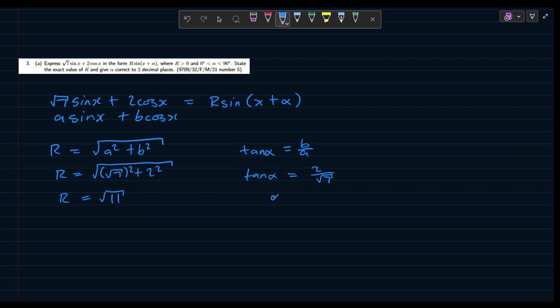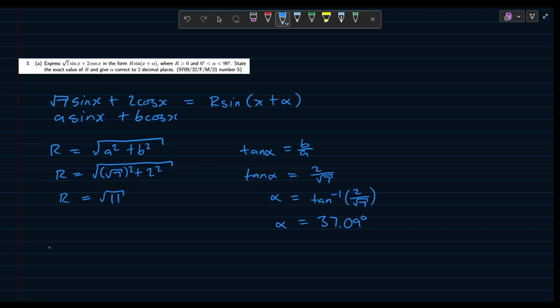So this gives us alpha is equal to arctan of 2 over root 7, and so alpha is equal to 37.09 degrees, correct to 2 decimal places.